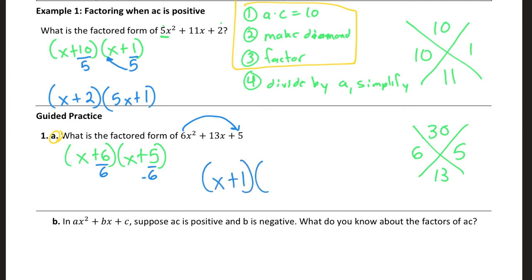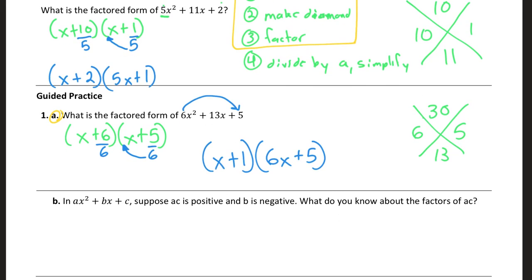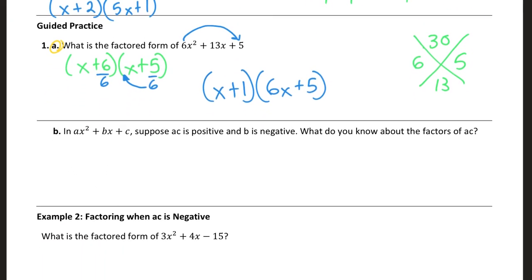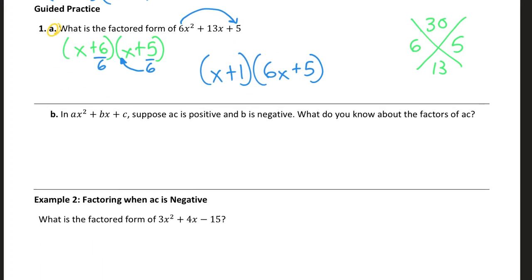And then the second one, I cannot simplify, so I multiply 6 on the front, and that's 6x plus 5. So again, right now I'm kind of just showing you a shortcut to factoring because guessing and checking can be very difficult. So that's why I'm showing you a method, right? A shortcut. So the factored form would be x plus 1, 6x plus 5.